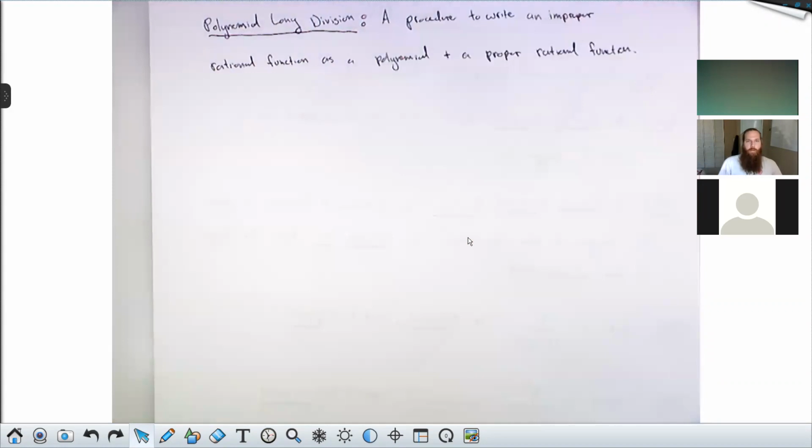So if I hand you an improper rational function, then you need to polynomial long divide. That will give you a polynomial piece, which we call the quotient, and then also a proper rational function, which will come from the remainder.